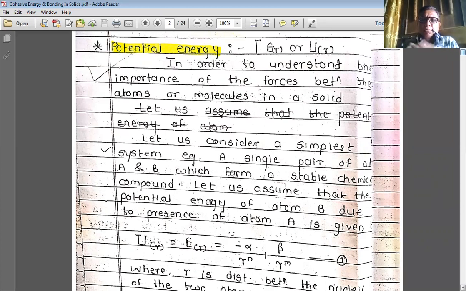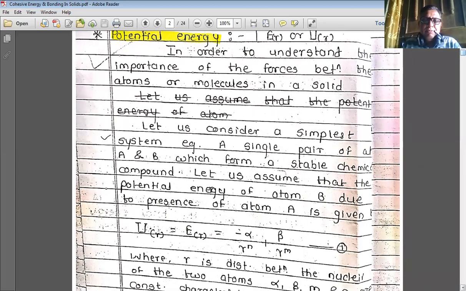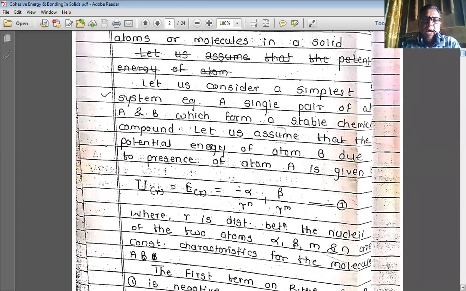Let us assume that the potential energy of atom B due to the presence of atom A is given like this: U(r) equals minus alpha divided by r to the power n plus beta divided by r to the power m. This is equation 1.